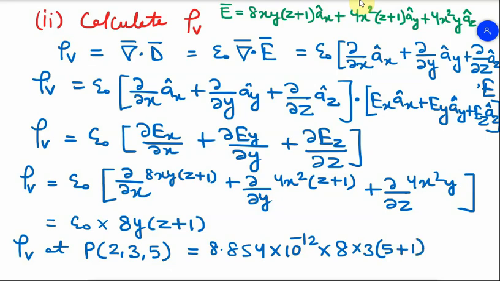If you solve this, you will get 1.275 nanocoulomb per meter cube. This is rho v, the volume charge density. So this is the solution for your second question, that is calculate rho v.